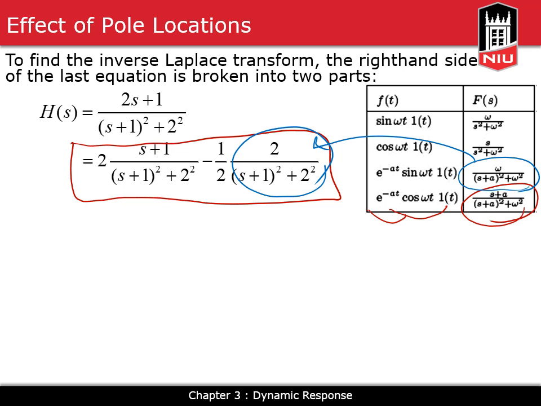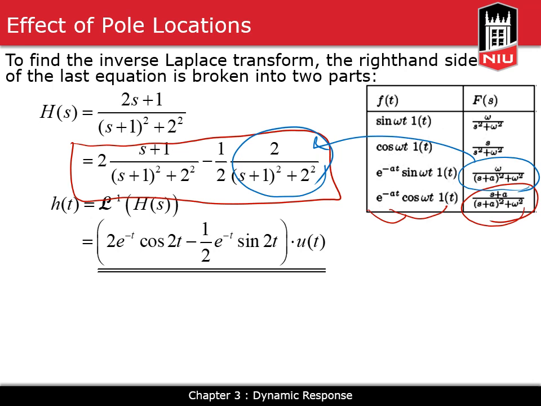Its inverse Laplace transform would be e to the power of negative 1t times sine of 2t. So the inverse Laplace transform, and the answer, would be 2 times e to the negative t times cosine 2t minus 1/2 e to the negative t sine of 2t.